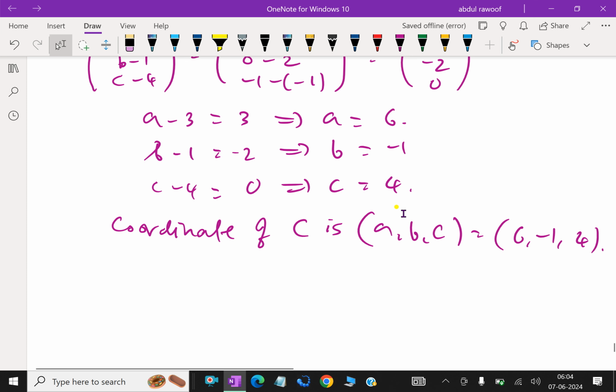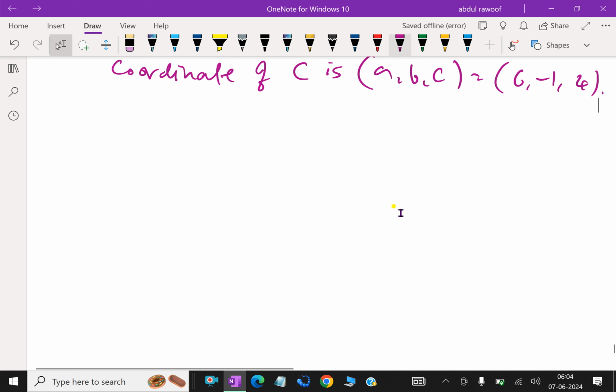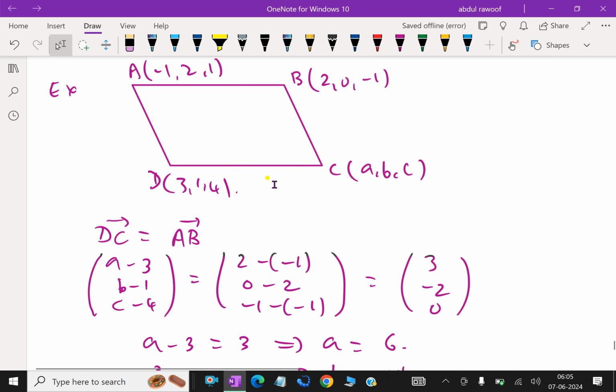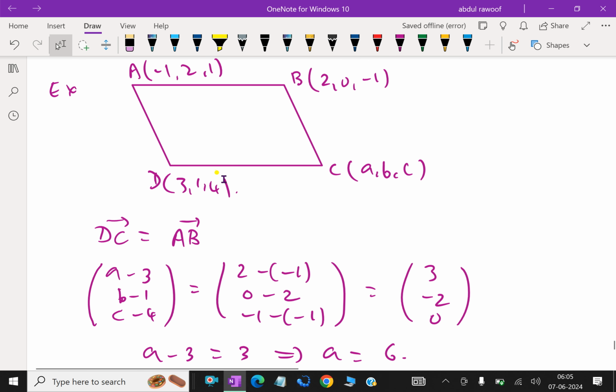Then also you can find the midpoint of DB. Suppose we have to get the midpoint of DB, which is nothing but the addition of these coordinates divided by 2.